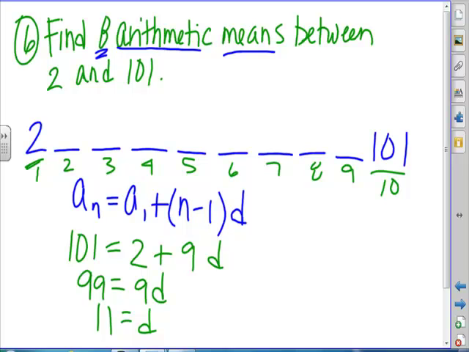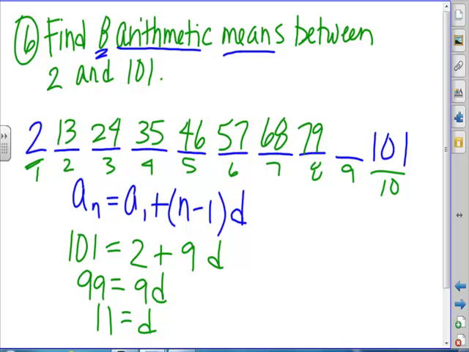So 2 plus 11 is 13, plus 11 is 24, plus 11 is 35, plus 11 is 46, 57, 68, 79, 90, and sure enough, when I add 11, I get 101.